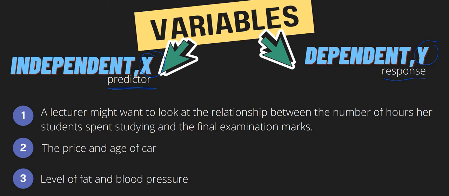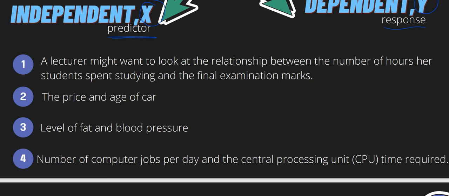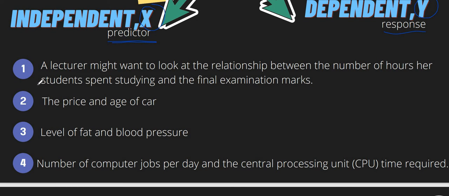The reason you need to know the variables first before the scatter diagram is that to sketch the scatter diagram, you need to identify which one is the independent variable and which one is the dependent. That's why we need to know this first. Later on, you can plot the scatter diagram.